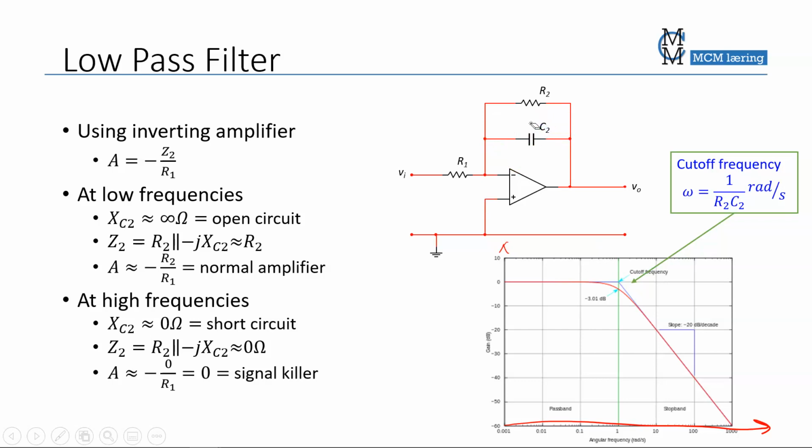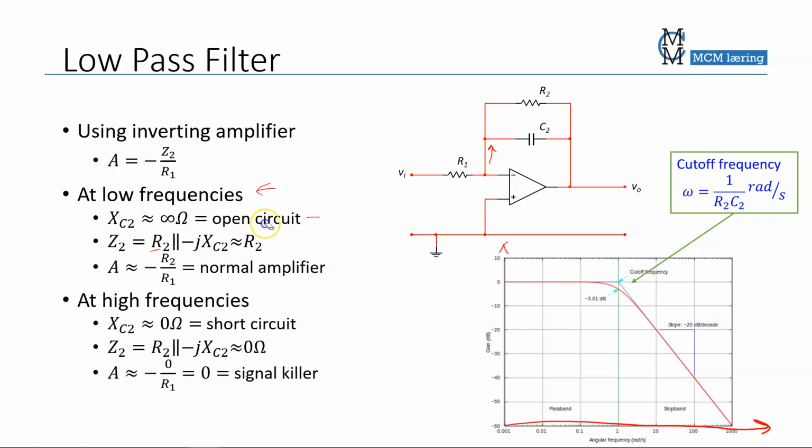And remember, for low frequencies, the capacitors are to be considered as open circuits, so there will be no current through it. The current that comes here will not go through C2, it will all go through R2. So for low frequencies, the capacitive reactance is more or less infinite, and therefore the impedance in this part is basically infinity in parallel with a real value R2, which is basically R2.